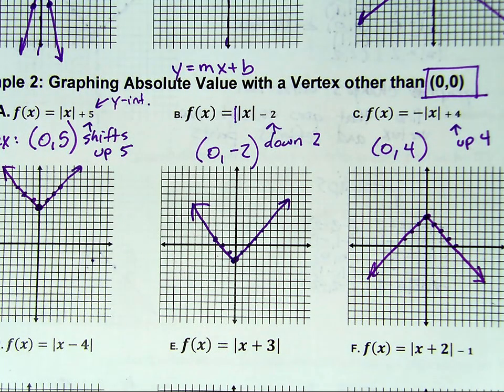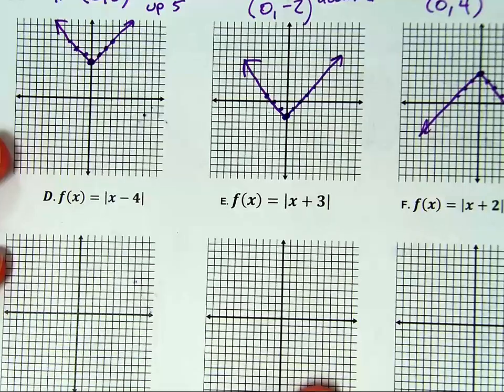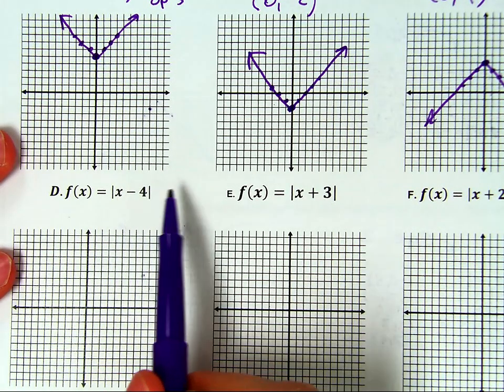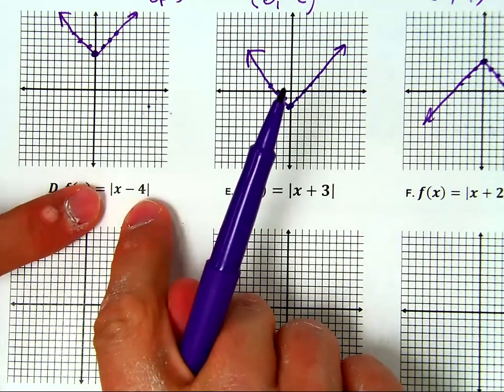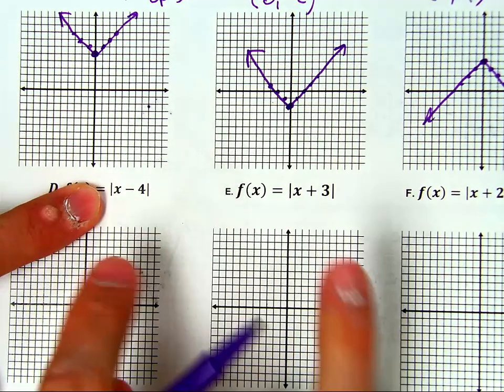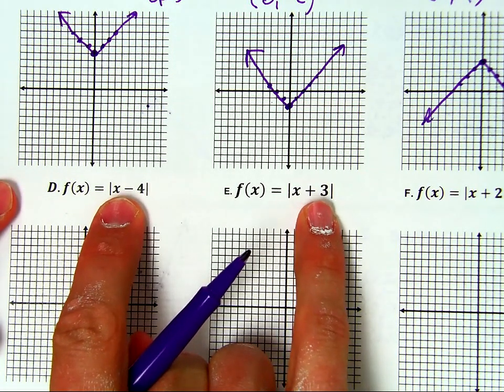I've got a couple more. So if we take a look at D, notice that we are subtracting 4, but the minus 4 is inside the absolute value. It's not outside. Anytime it's inside, this is actually going to affect the x value of the vertex. It's a little tricky because it's always the opposite of what we think.